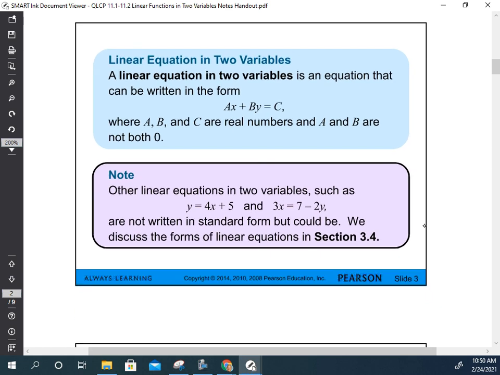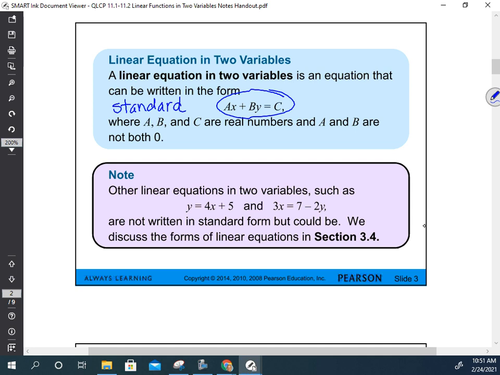So, we're going to start with a linear equation. So, a standard linear equation is ax plus by equals c. So this is an equation in standard form.